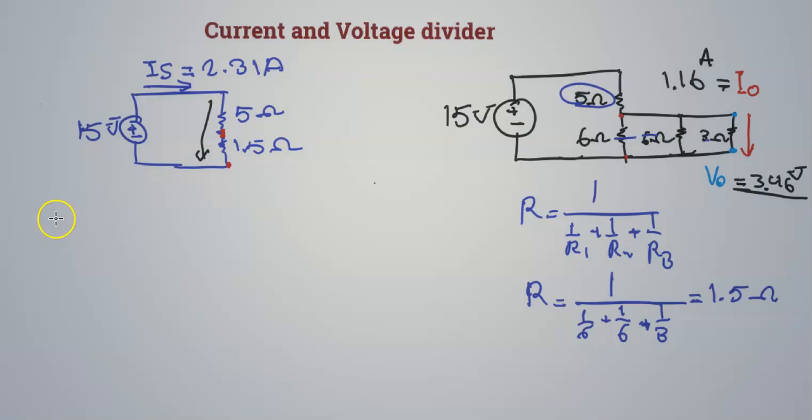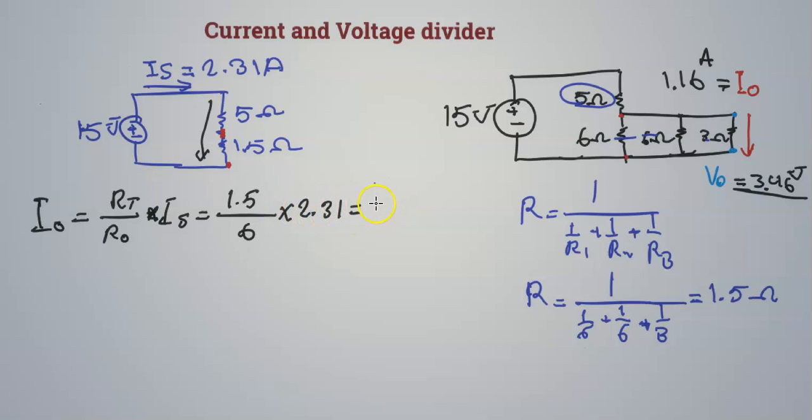For this 6 ohm, we again use I naught equals R total over R naught times I, so we have 1.5 over 6 times 2.31 equals 0.58 ampere.